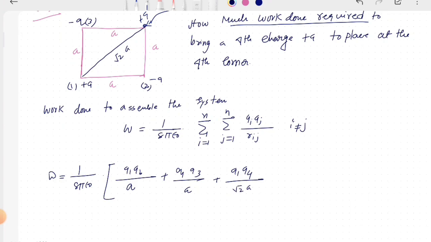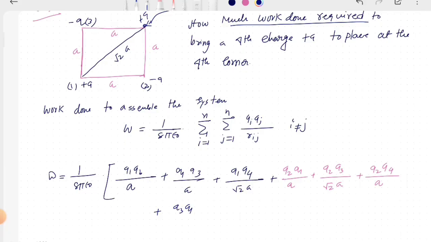So this is the combination for Q1. Plus Q2 Q1 upon A plus Q2 Q3 upon root 2A plus Q2 Q4 upon A. Okay, next is the case for Q3.